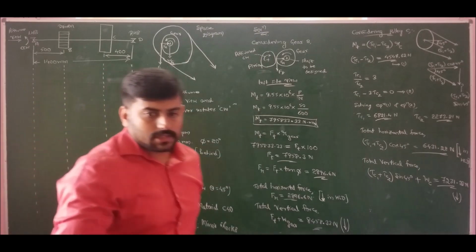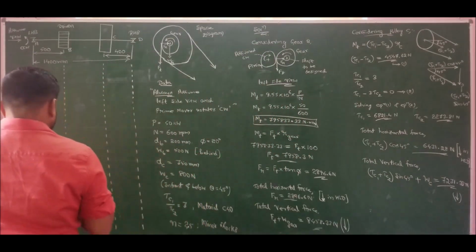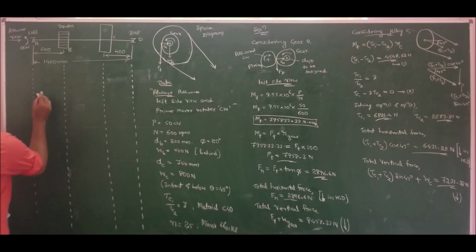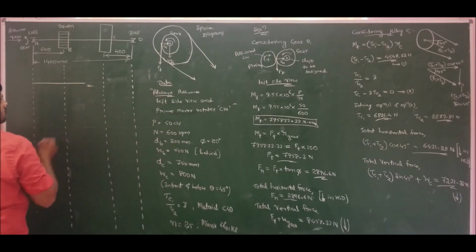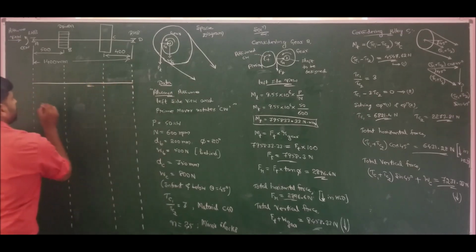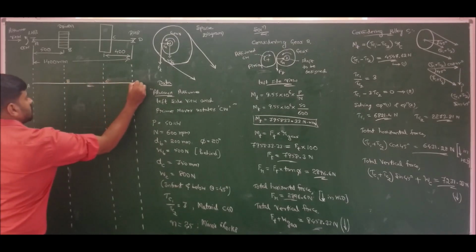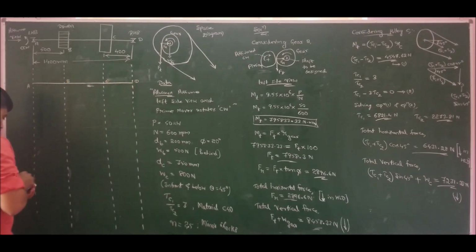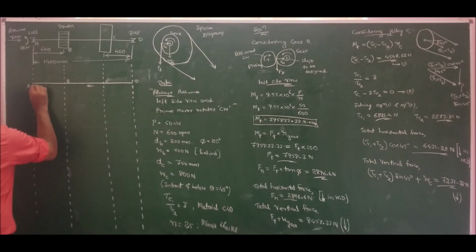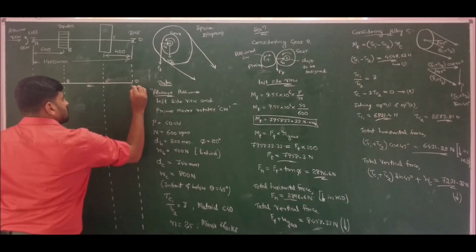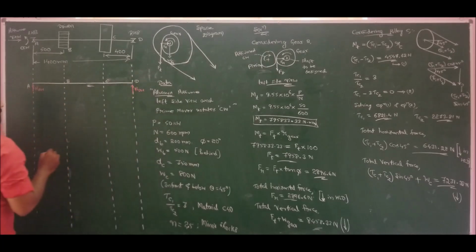First, if I mark the horizontal load diagram, we have points A, B, C and D. Coming to the horizontal forces acting, we will have the support reactions RA horizontal and RD horizontal.